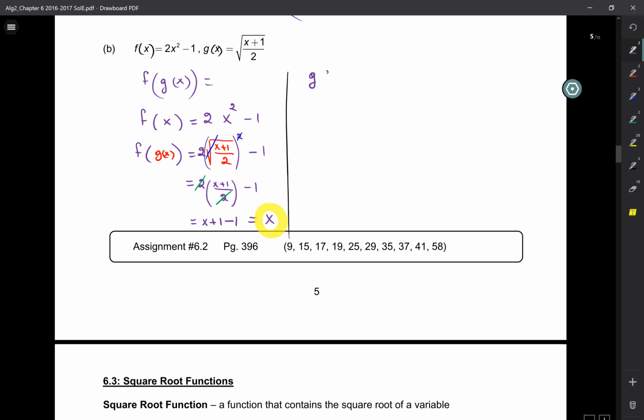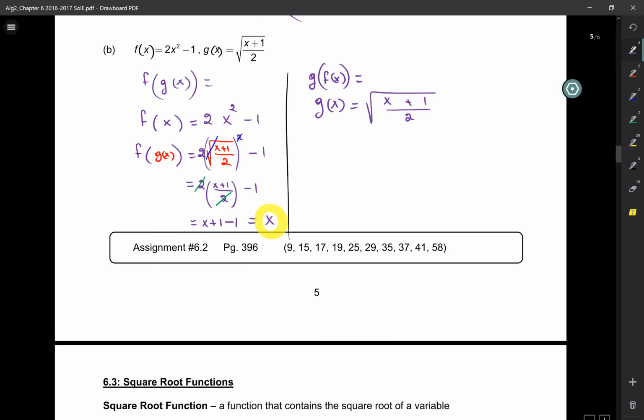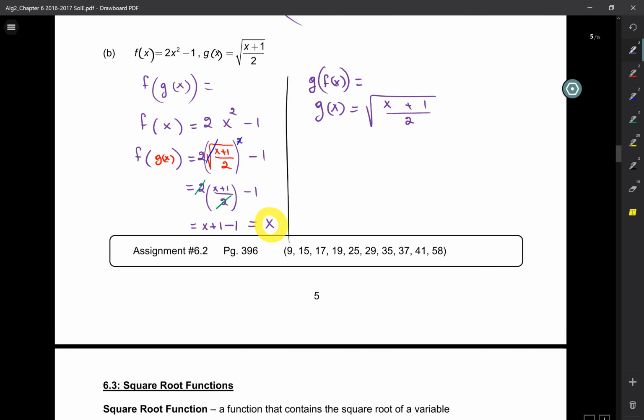For the other one, I'm going to do g of f of x. Okay, so what's the outer function? It's g, so it's x plus 1 over 2 in the square root. So g of f of x is the square root of. Okay, I'm going to put in this thing, 2x squared minus 1. And everything else just stays the same.